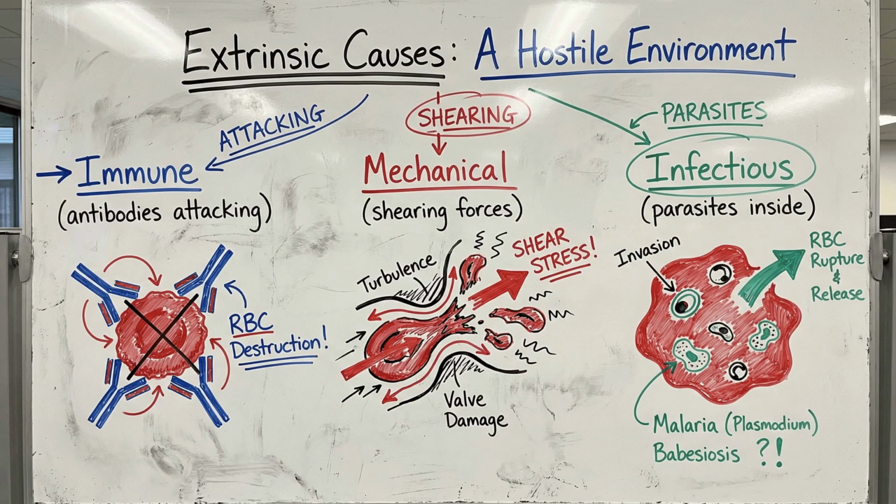This is where the body's own defenses mistakenly target red cells. Mechanical hemolysis. This is where physical forces literally tear the cells apart. And then there's infectious causes, which is where pathogens invade and destroy the red blood cells. Think of it like a well-built car getting into an accident, rather than breaking down due to a faulty engine.